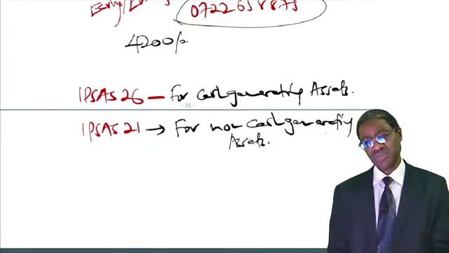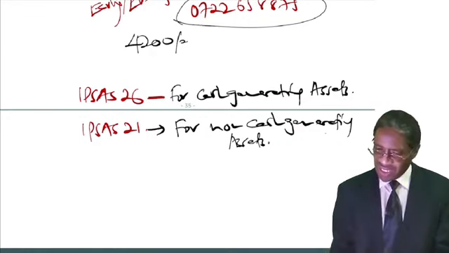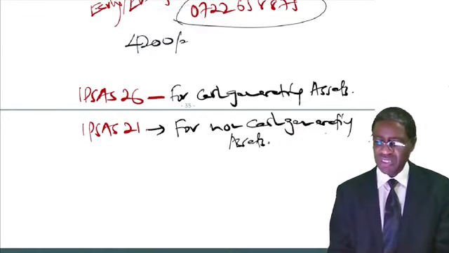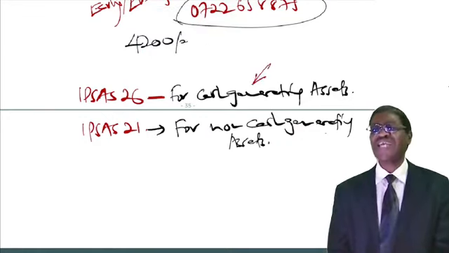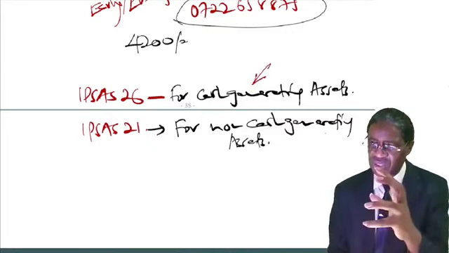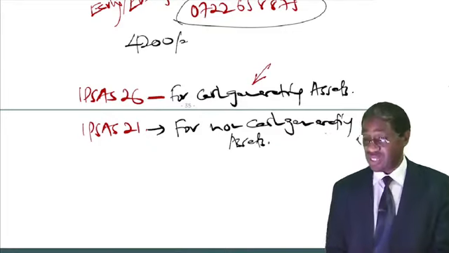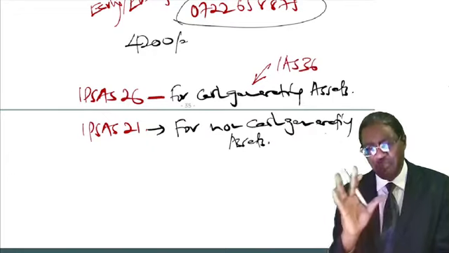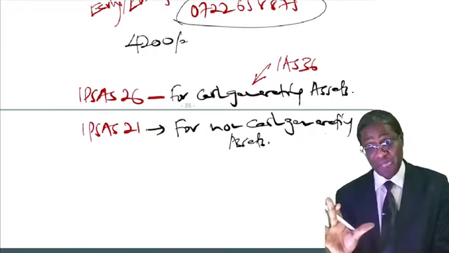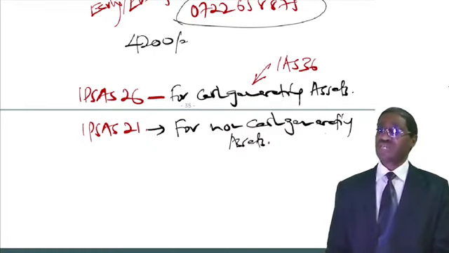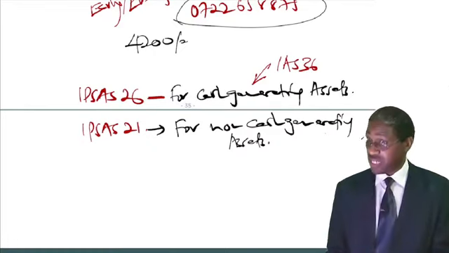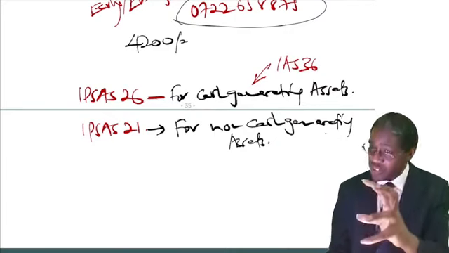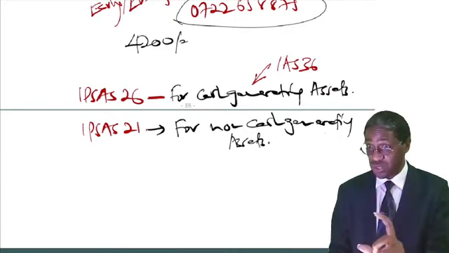For such assets, you will be required to apply the same principles that we have reminded ourselves of as per IAS number 36, the same principles that we applied when we were discussing IAS number 36.